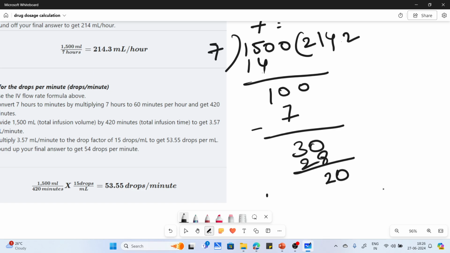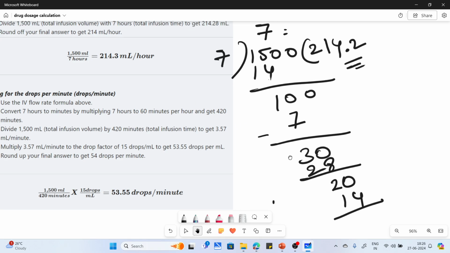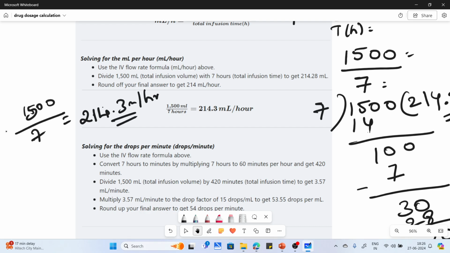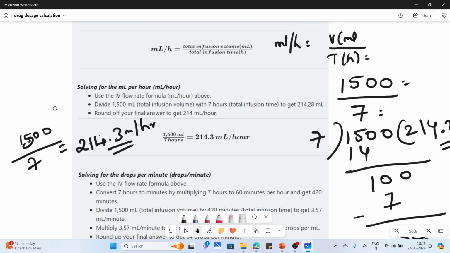So we get a value of 214. So 1500 divided by 7 gives 214.3 ml per hour.